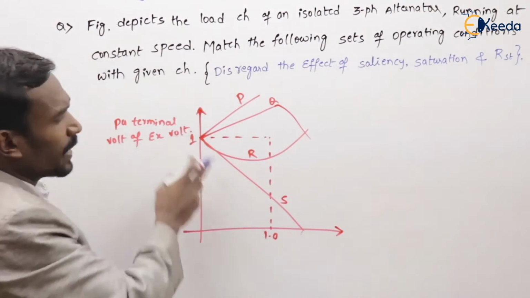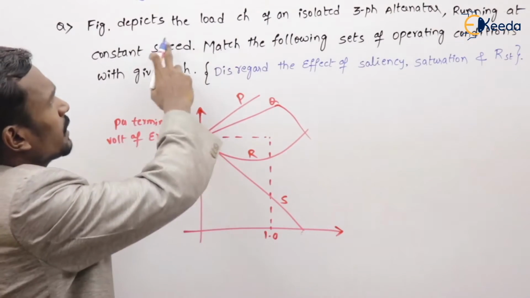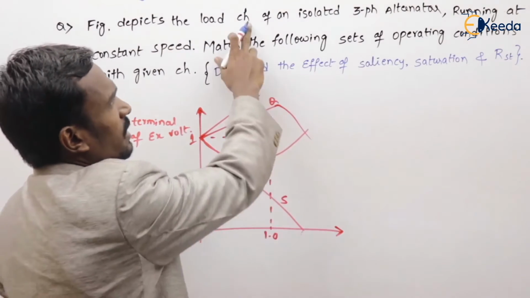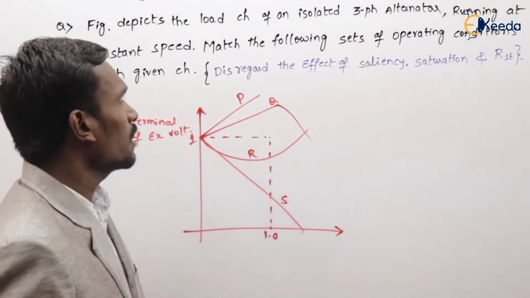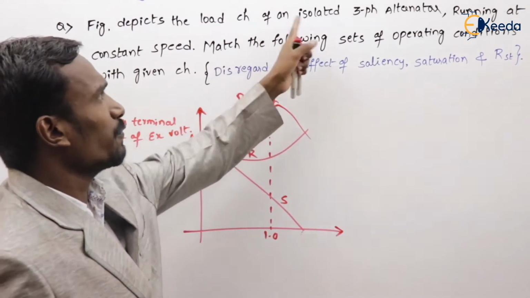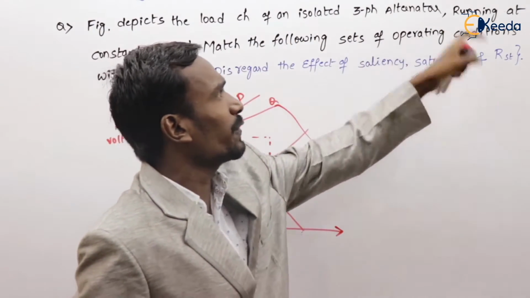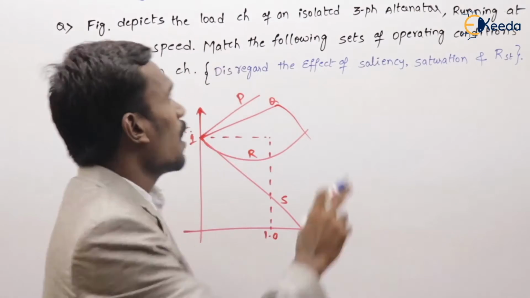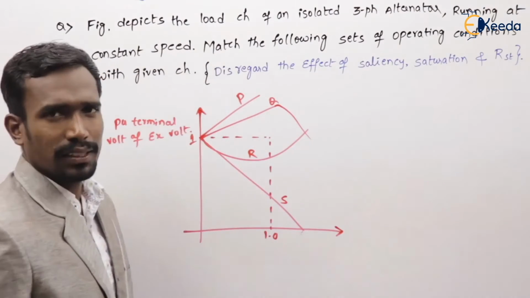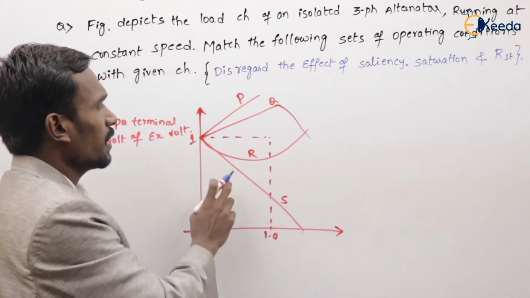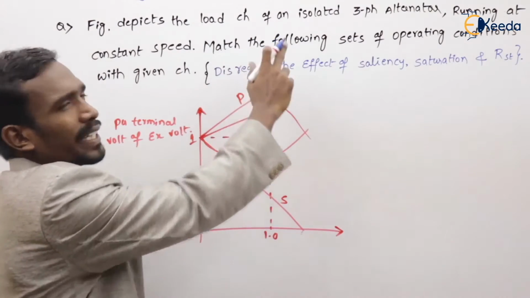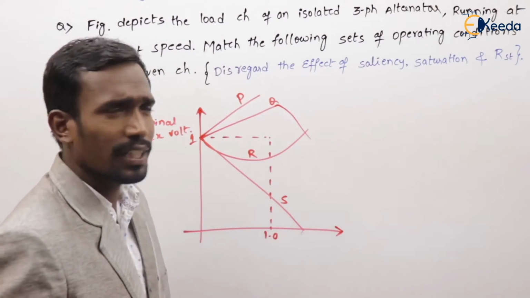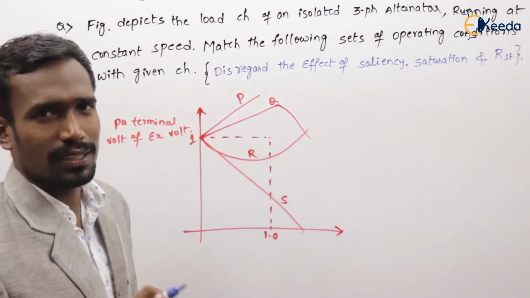Let's see the figure. The figure depicts the load characteristics of an isolated three-phase alternator running at constant speed. This is the figure which depicts the load characteristics of an alternator running at constant speed.